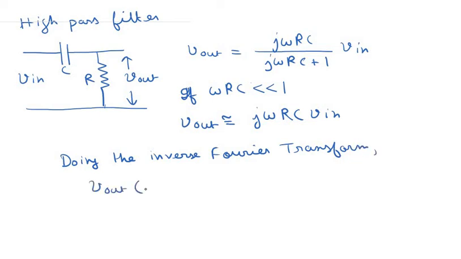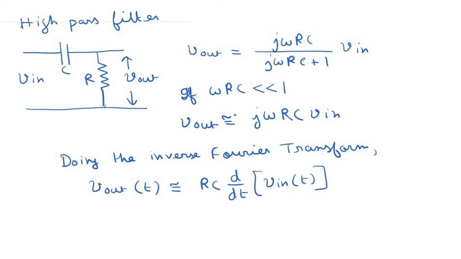V out is approximately equal to RC dV in dt, or let us say RC d/dt of V in t. Okay.